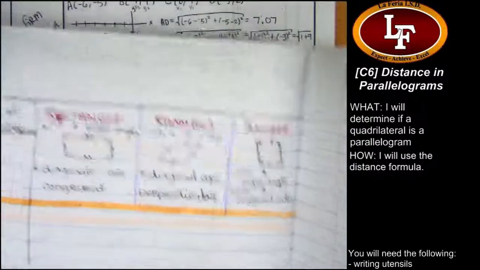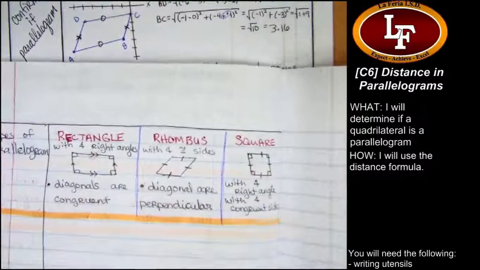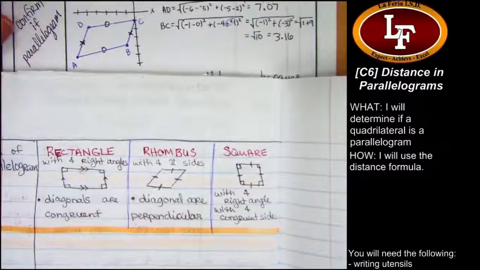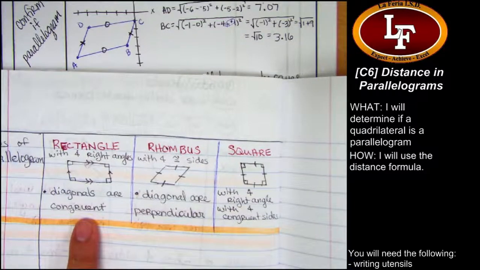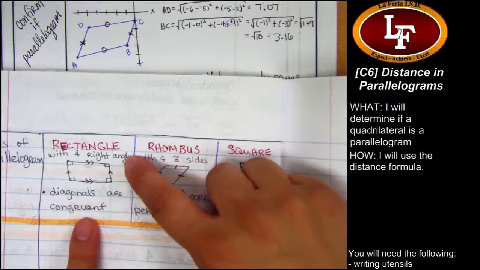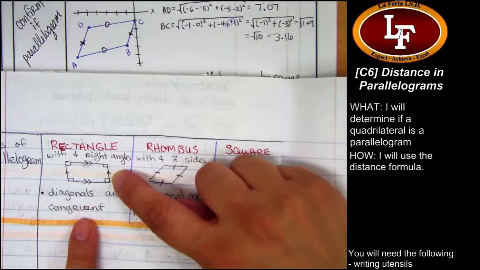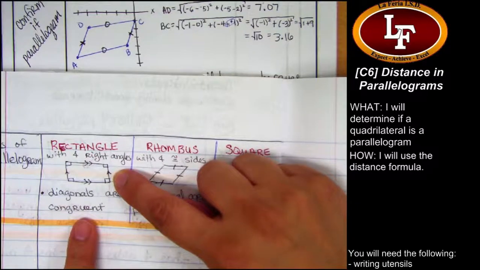For example, if we wanted to confirm that the parallelogram we're looking at is a rectangle, we don't have to confirm that the opposite sides are congruent, because that just tells if it's a parallelogram. For it to be a rectangle, we'd also have to confirm that the sides next to each other are perpendicular.